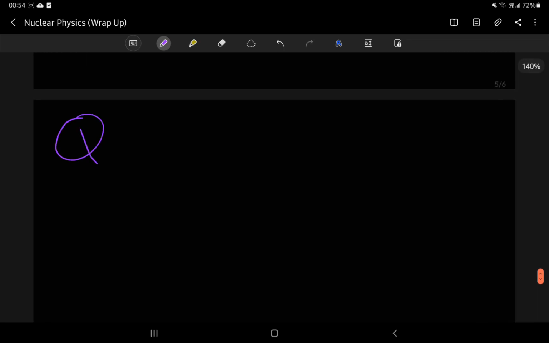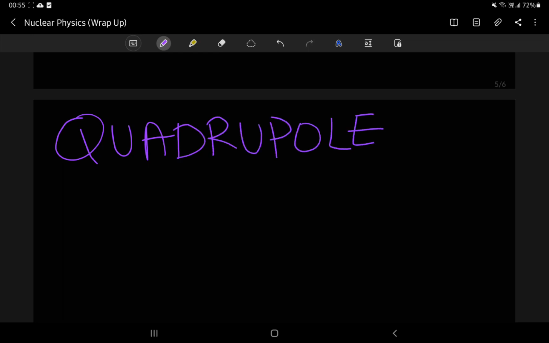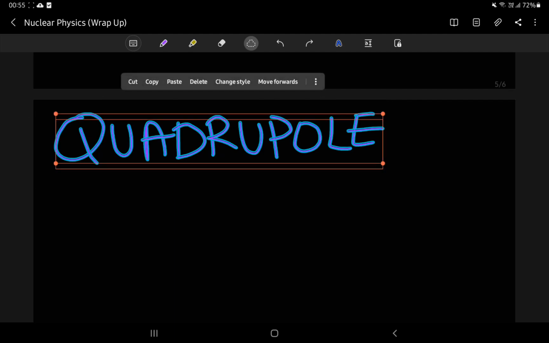We have also learned about the electric quadrupole moment, which tells about the stability state.